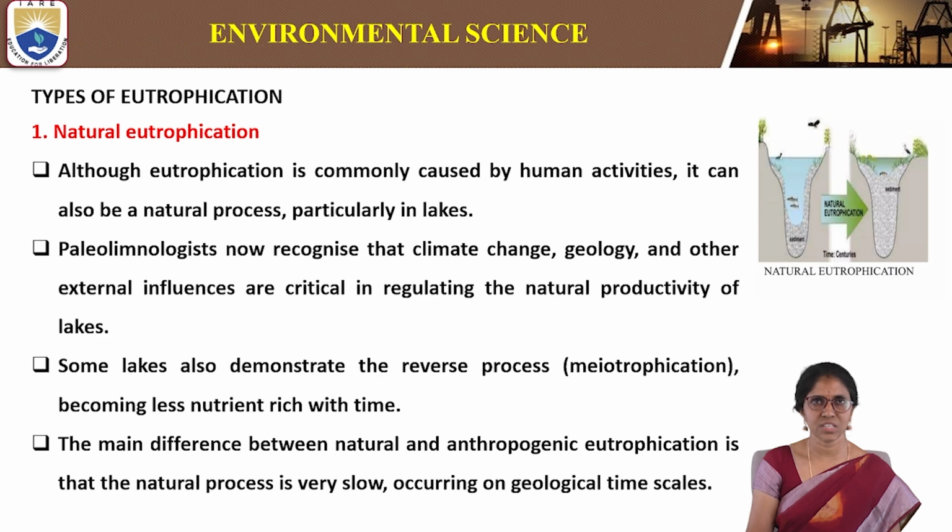The next topic is types of eutrophication. The first type is natural eutrophication. Although eutrophication is commonly caused by human activities, it can also be a natural process, particularly in lakes.